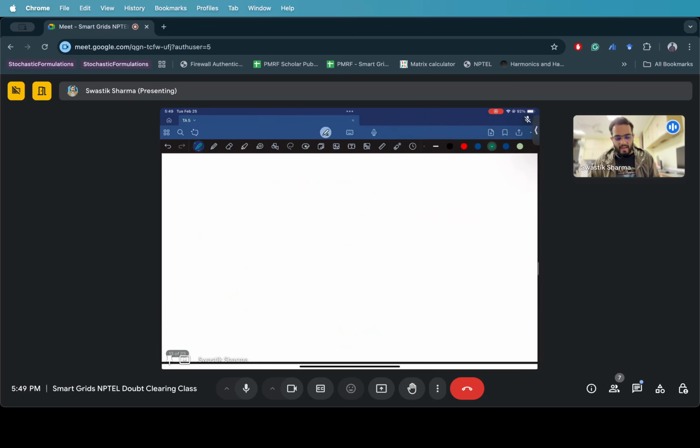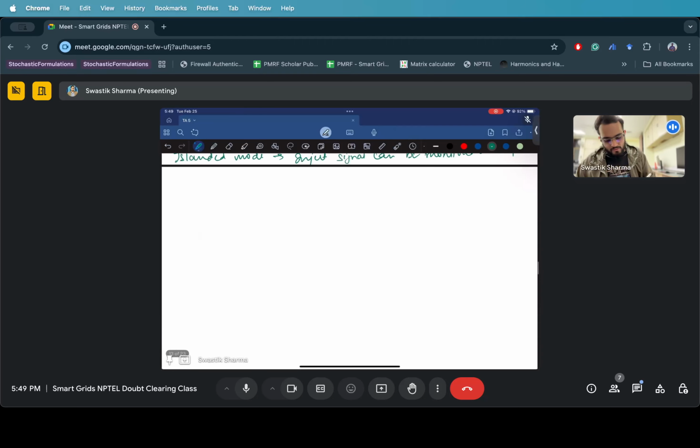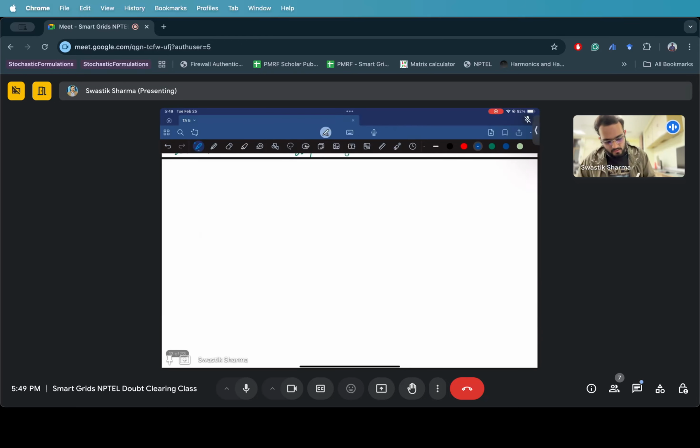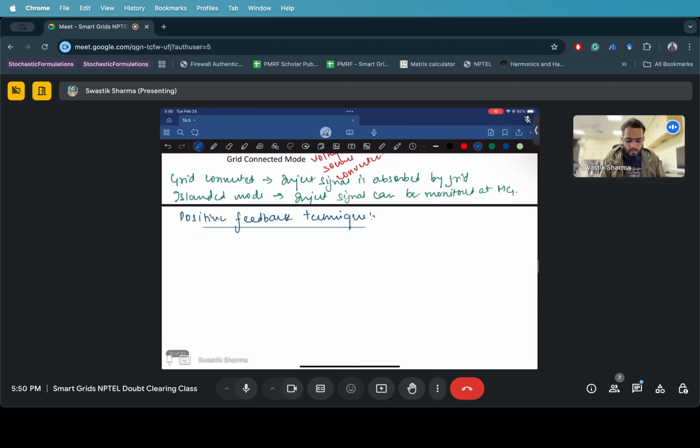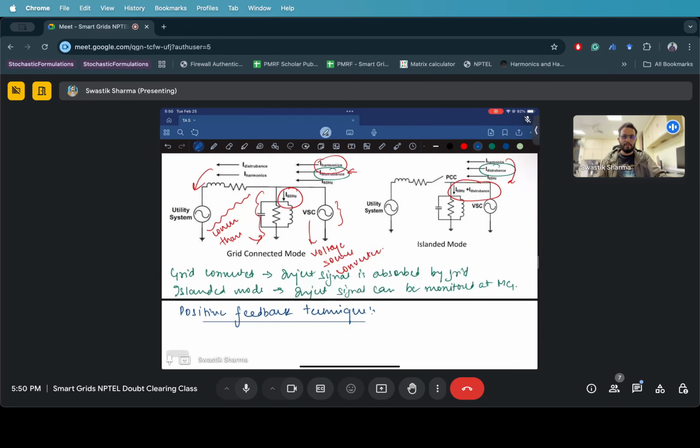So you can use another active islanding detection method, which is called the positive feedback technique. What I mean by this is, as I've already told you, your inverter tracks the voltage at the point of common coupling, right?